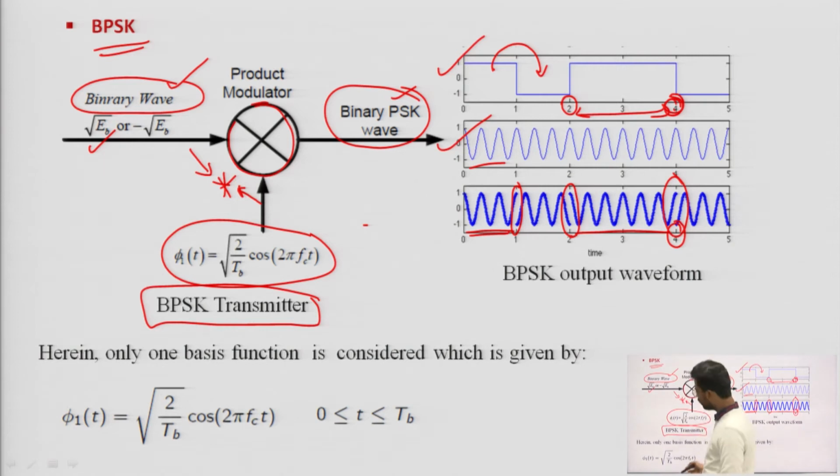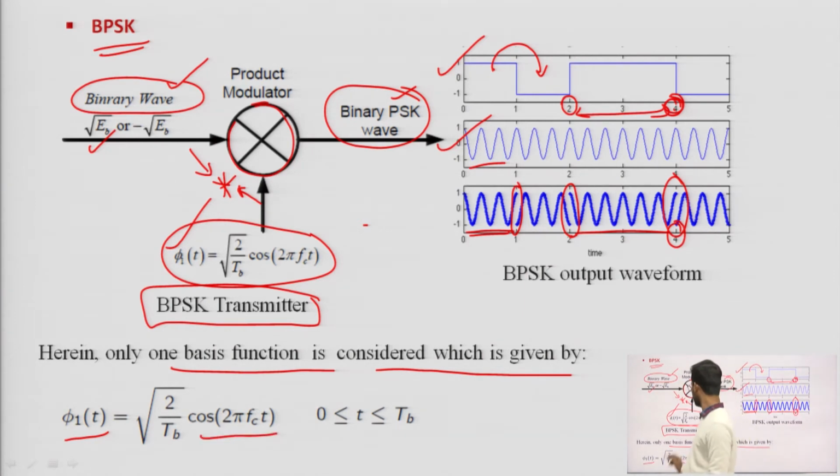So here only one basis function is considered, which is phi 1(t) equal to root 2 by Tb cos 2 pi fc t, because only one basis function is required to modulate the signal.